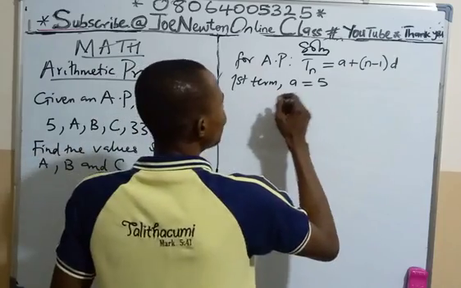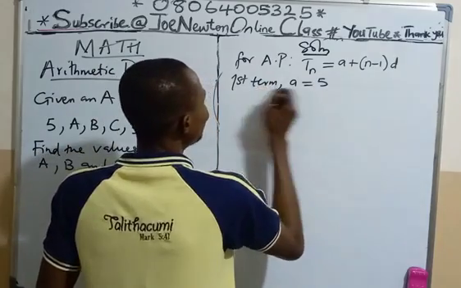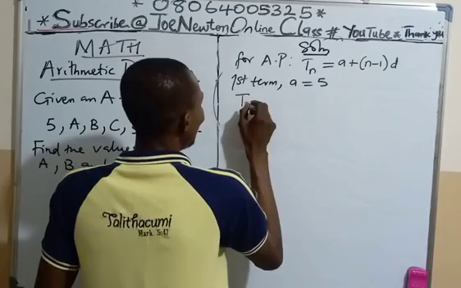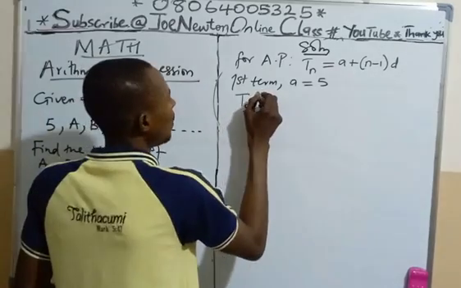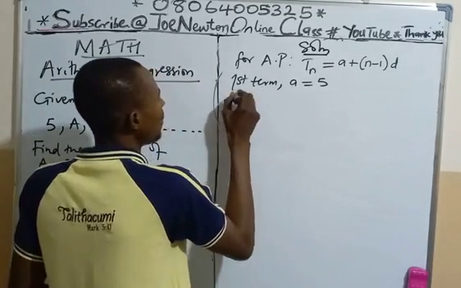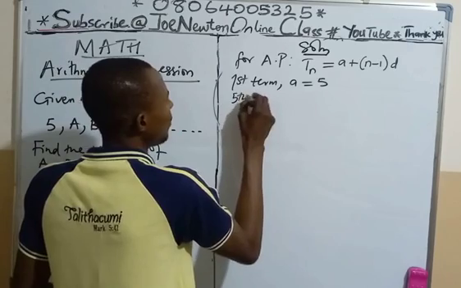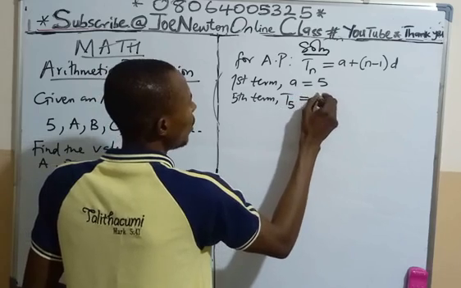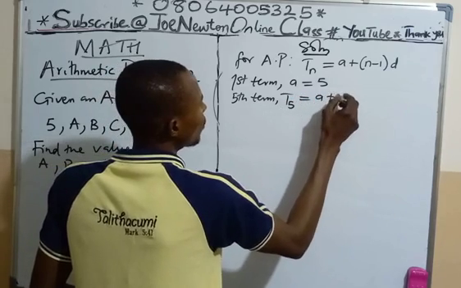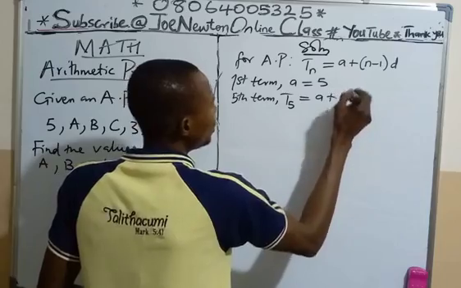So our T5, the fifth term, is equal to A plus 4D.